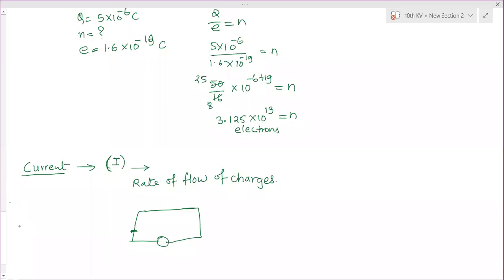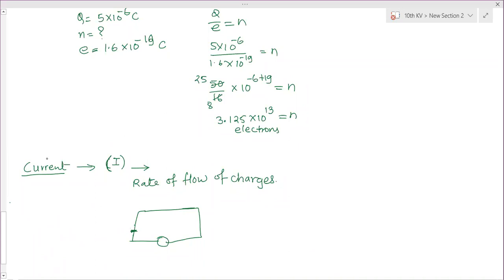So the amount of charges flowing through the conductor in unit time. It can be 1 second, it can be a microsecond, it can be anything. Unit word in physics means one. So in unit time, how much amount of charge will cross a particular point within the conductor?